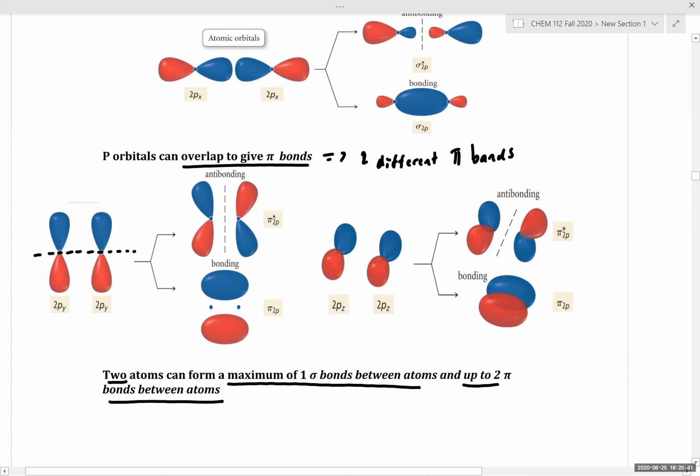Now, you know from the octet rule and from the Lewis structures that we've drawn, we can generate more sophisticated structures. And that begs the question, how do we utilize our atomic orbitals in order to maximize bonding and minimize our electron energy?